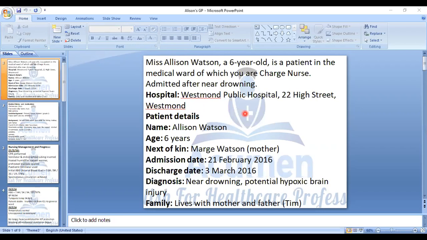So this is giving the information about the patient's condition initially on admission and what treatment was given to her on admission. Then the case notes usually will have a record of the treatment that was given throughout the patient's stay at the hospital.